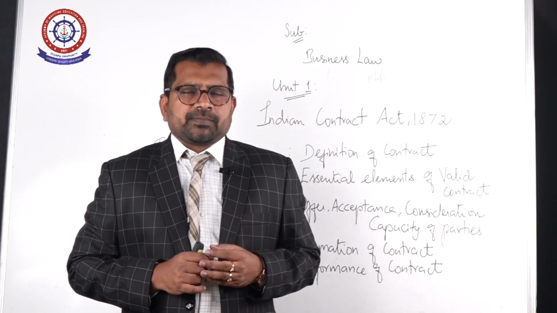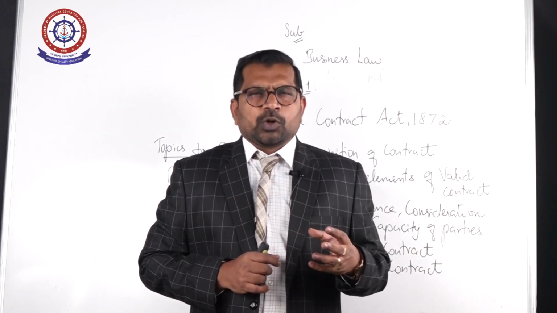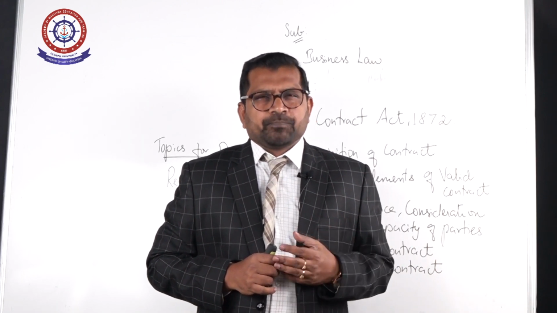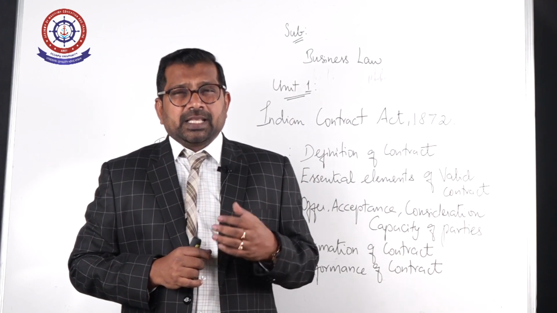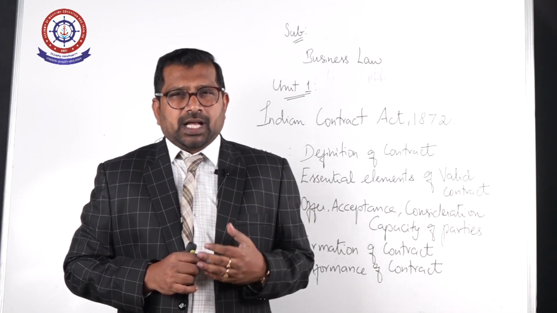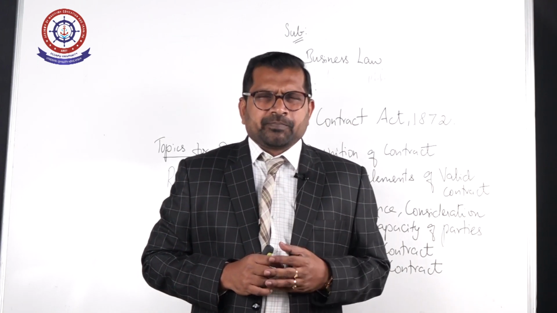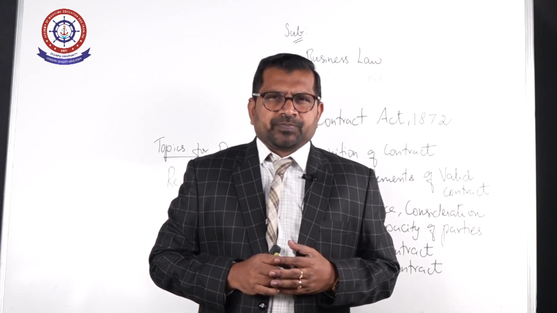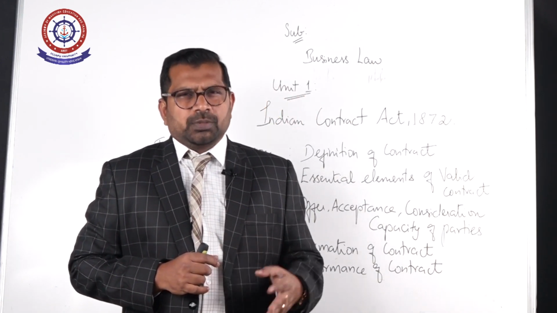Agreements caused by coercion, which is threatening, or undue influence, which is gaining advantage over the other party, are voidable. Third is misrepresentation, which is without any intention, and fraud, which is with an intention; these are also voidable.